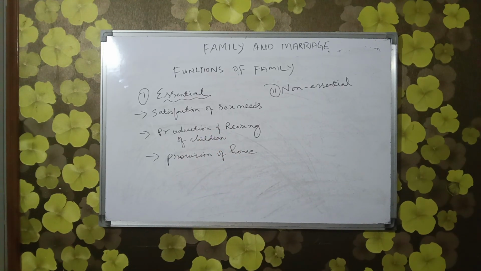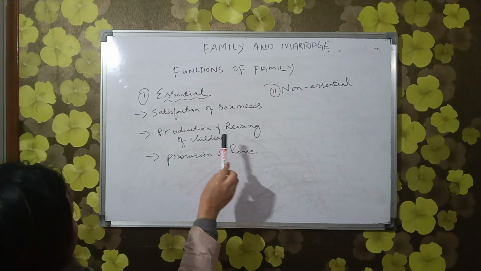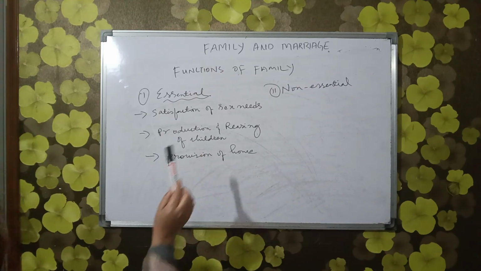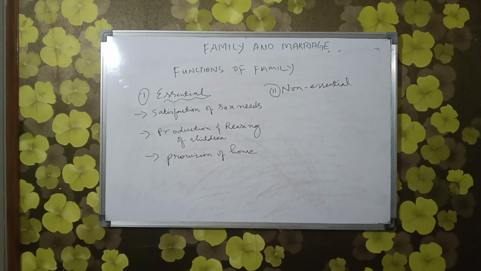Sex needs should be satisfied, and production and rearing of children, mainly bearing the ability to produce and bear the children. And next is the provision of home. Home should be provided. And the second one is non-essential.